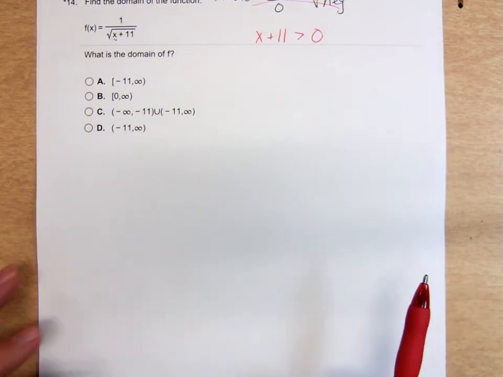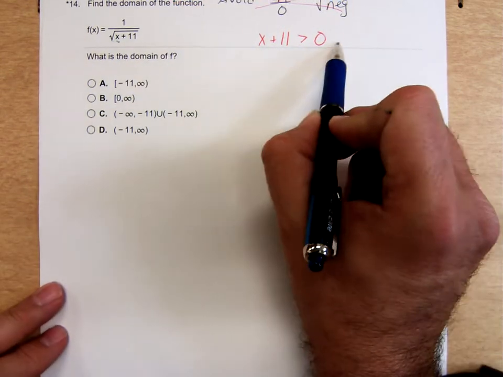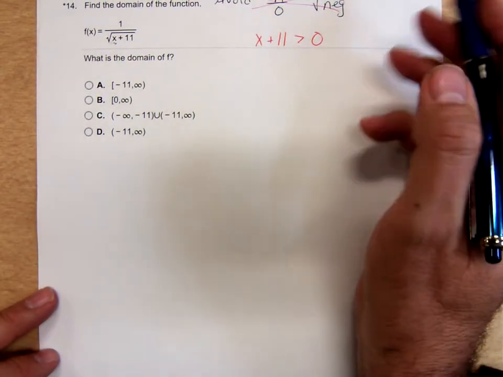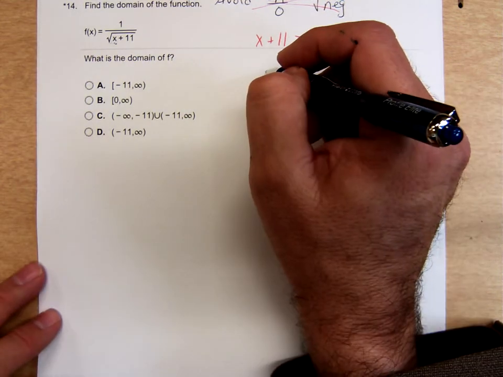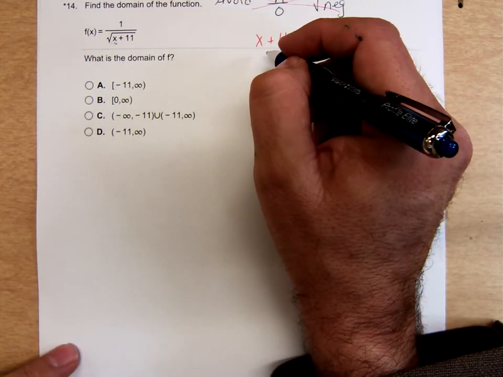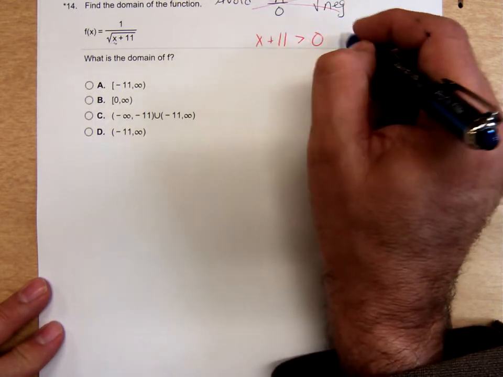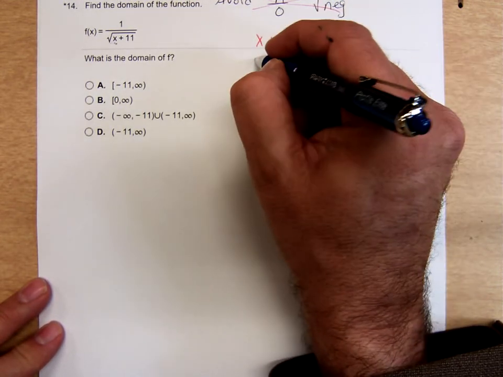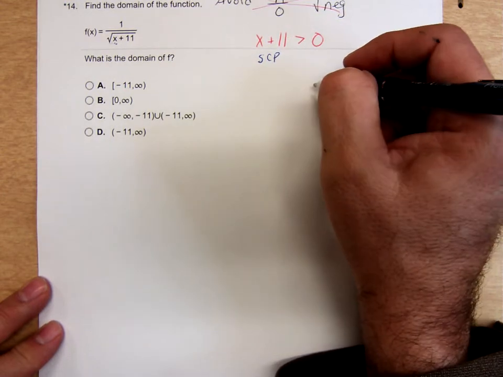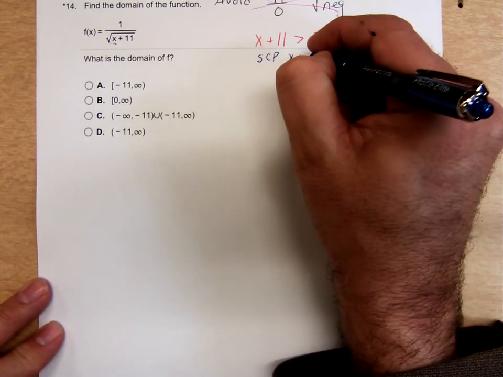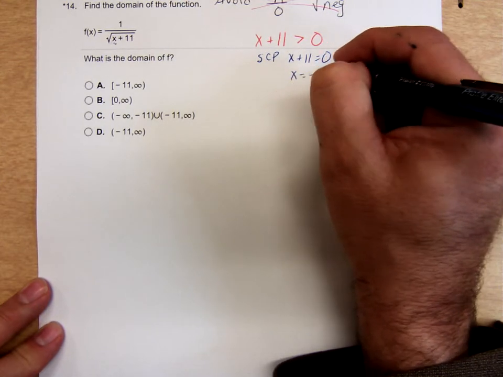Well, how do we solve an inequality? Use cut points. This one's going to be a cut point method problem that's so easy that it's going to seem strange or difficult. I'm going to use cut points to solve this. Well, there's no denominator cut point, but there is a solution cut point. If I solve x plus 11 equals 0, I would get x equals -11.